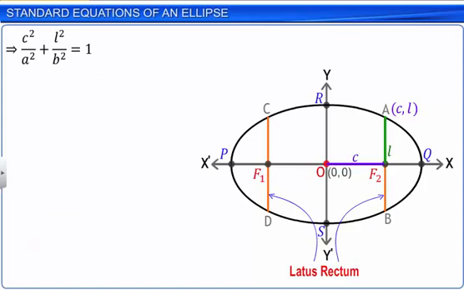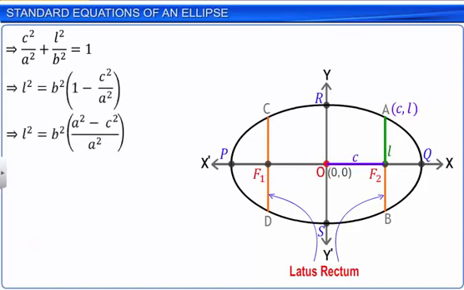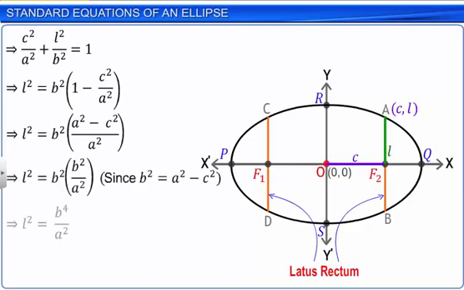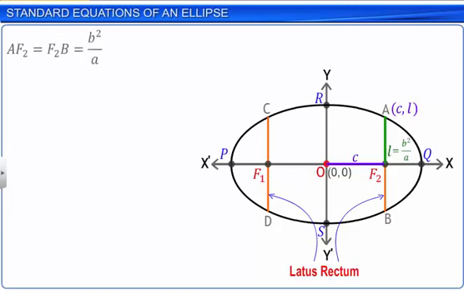Substituting the coordinates of point A in the standard equation of the ellipse and simplifying, we get L is equal to b squared upon a. Since the ellipse is symmetrical about the x-axis, distance AF2 is equal to distance F2B.